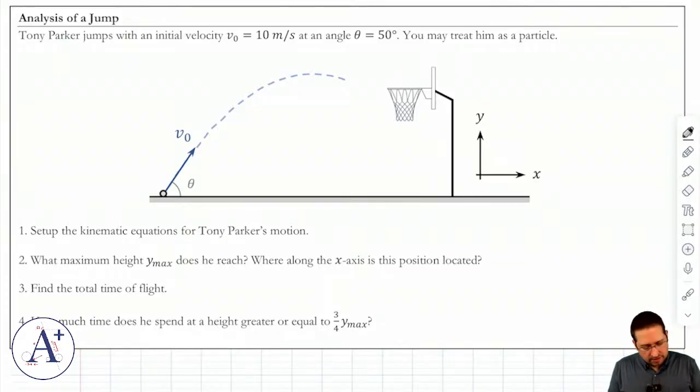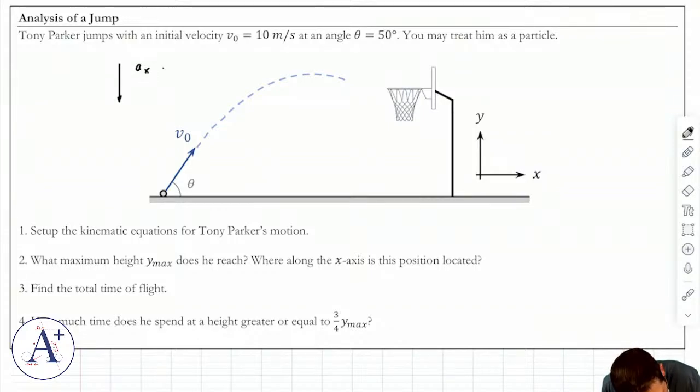Now, hopefully we agree that whatever is drawn here is exactly what was drawn before. We launch from the ground, angle theta, initial velocity v0. If this is x and this is y, then I should expect nothing new, right?